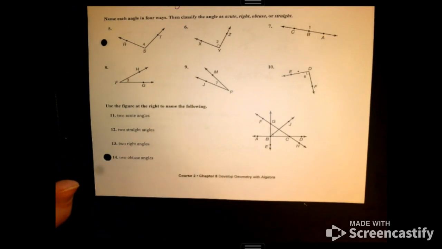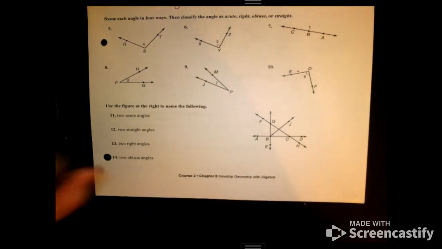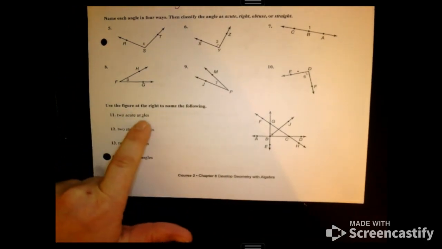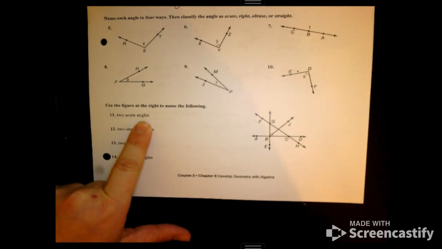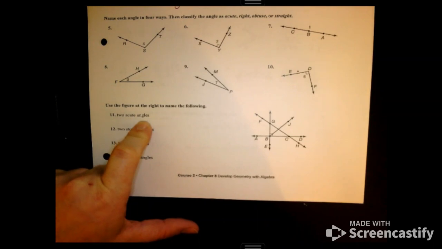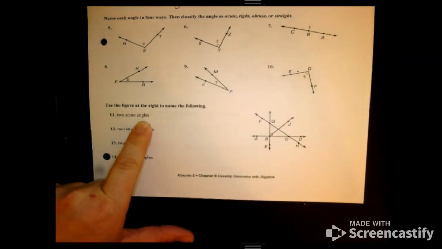At the bottom, it says, use the figure at the right to name the following. So 2 acute angles. Well, can somebody give me an example of one acute angle real quick? ABE. Right. CHD. CHD?